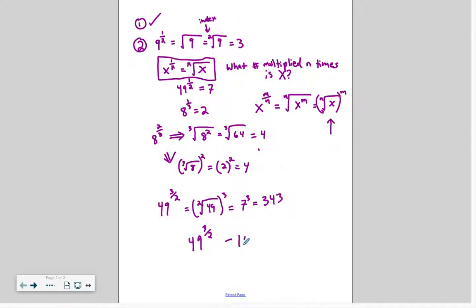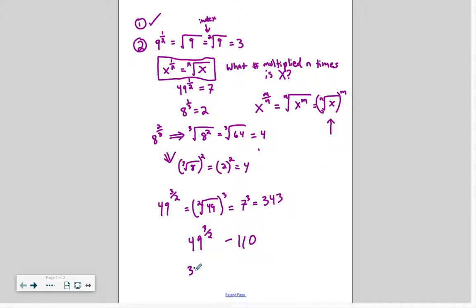Now, if someone gave you a question that looked like this, what's 49 to the 3 halves minus 110? People are inclined to try and subtract these two first, but you shouldn't. Order of operations states you have to deal with exponents before you deal with addition or subtraction, or multiplication or division for that matter. So you would find the value of this first and then do the subtraction later.